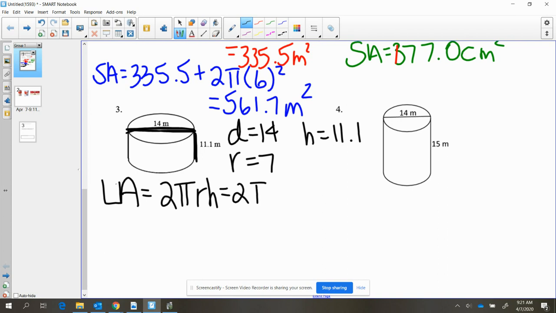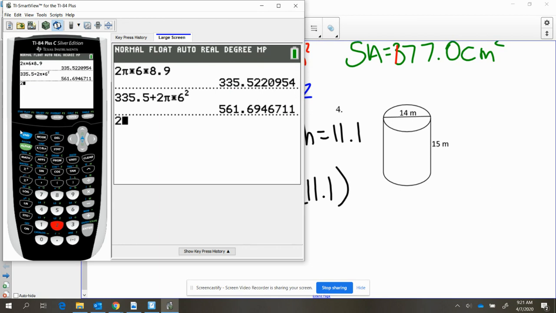So 2 times pi times your radius times the height, which, if you calculate this using that pi button, 2 times pi times that radius times the height, we have a lateral area of about 488.2.